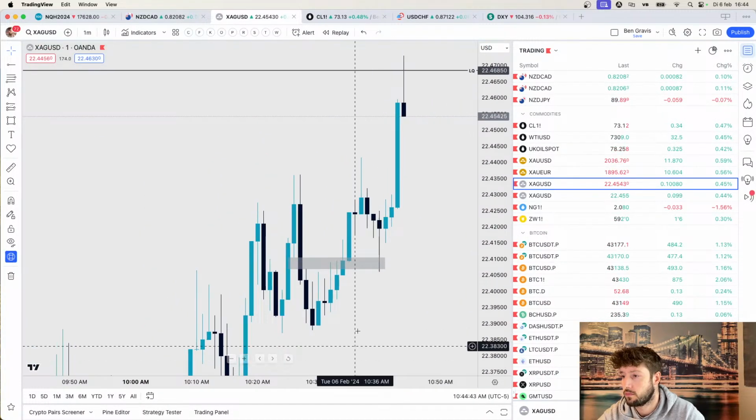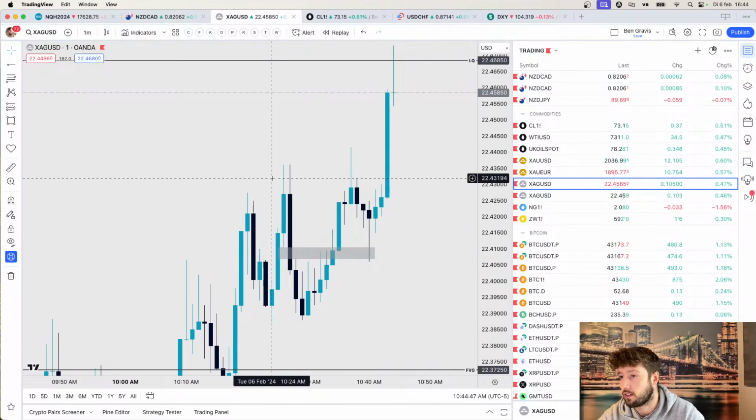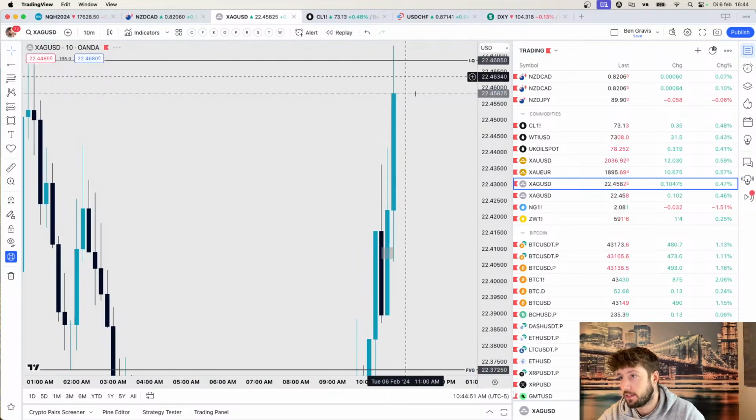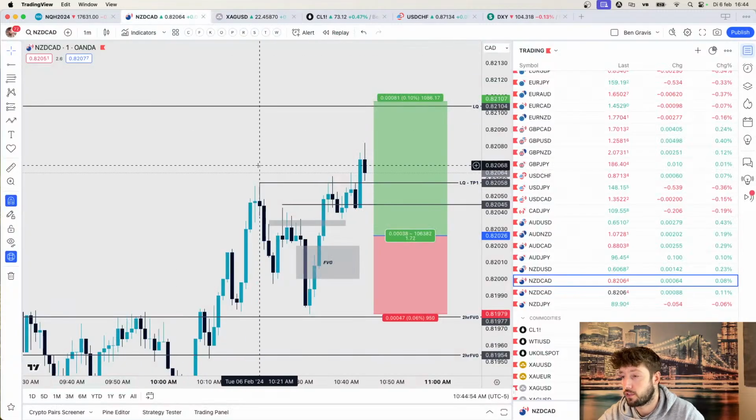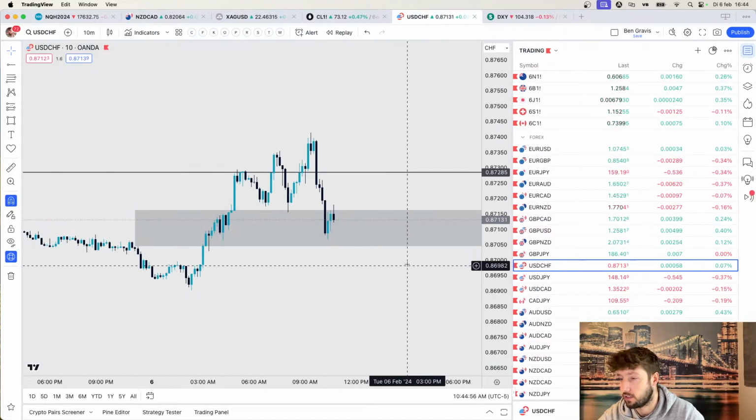Same thing happened here. We closed above here, but then that wasn't the best setup, although my target was here, so target hit for silver. That was the right direction too.